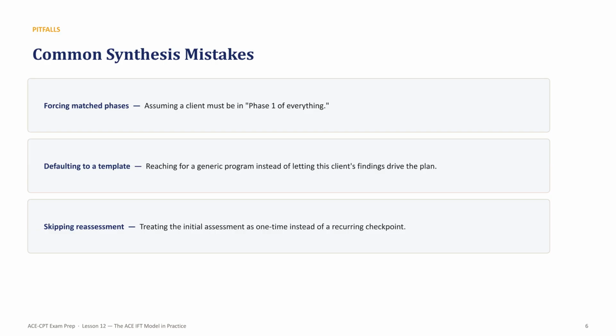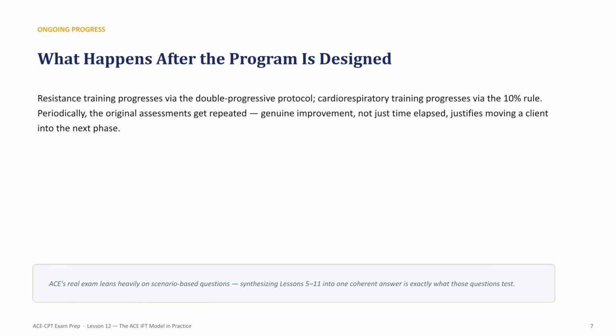Second, defaulting to a template, reaching for a generic one-size-fits-all program instead of letting this specific client's assessment data actually drive the plan. And third, skipping reassessment, treating that initial assessment as a one-time event, instead of what it really is, a recurring checkpoint you return to again and again as the client changes. Keep these 3 in your back pocket. They show up constantly in scenario-based exam questions.